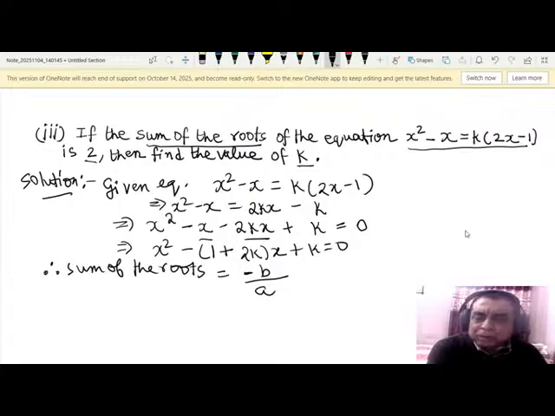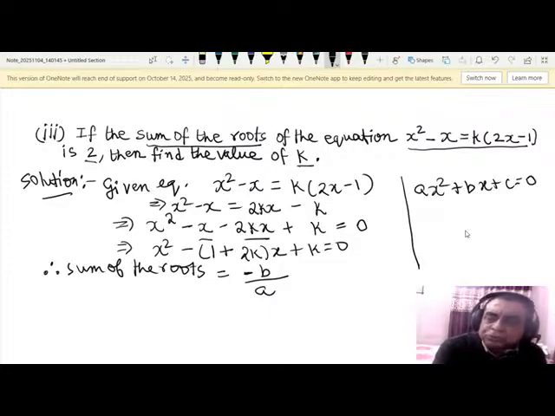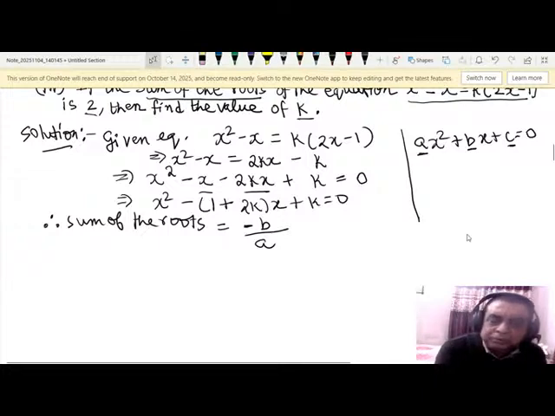The general form of writing a quadratic equation is ax squared plus bx plus c equals 0. a is the x squared coefficient, b is the x coefficient, and c is the term free from x, which is the constant term.